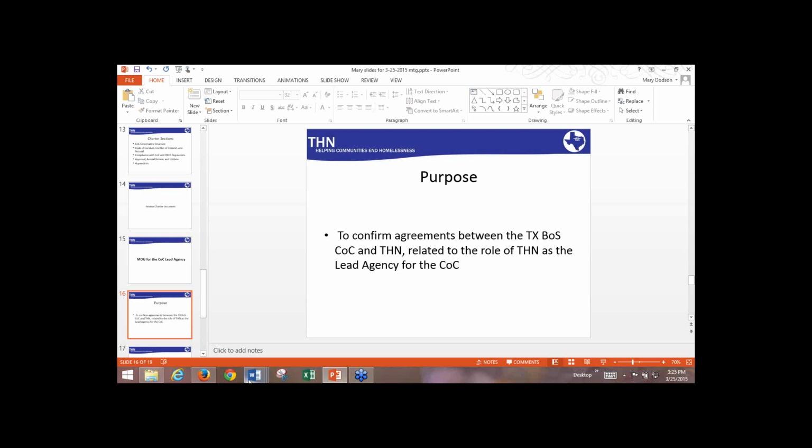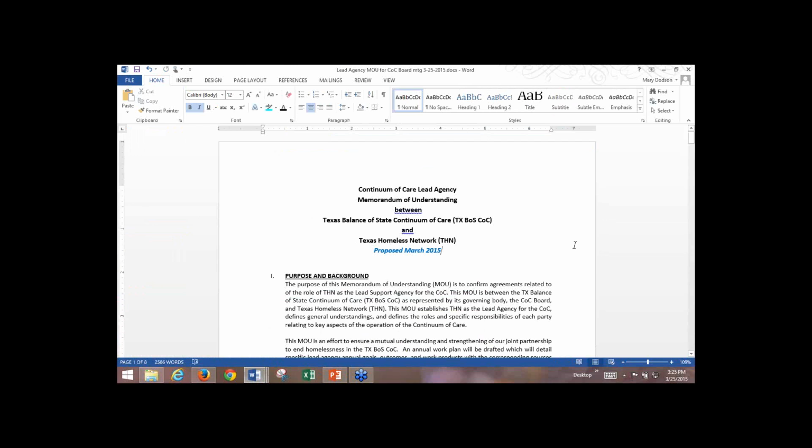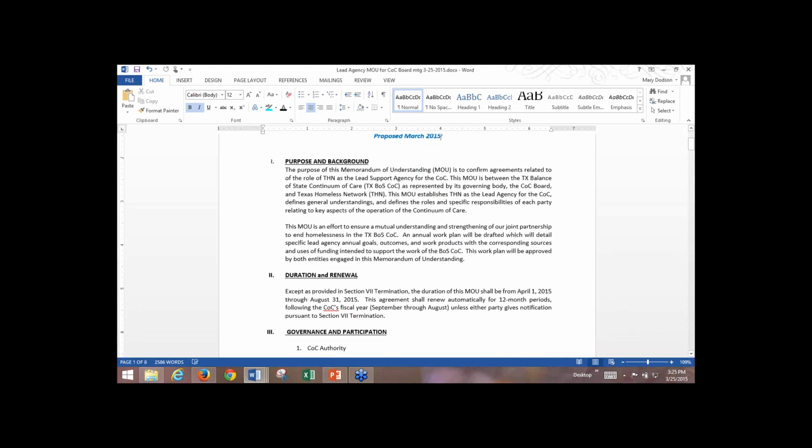So let me pull it up. And you'll see I have updated it slightly from the one that was posted on our website for public comment. But in general, the purpose and background is exactly what I just said. It really outlines clearly what THN will do as the lead agency for the COC.